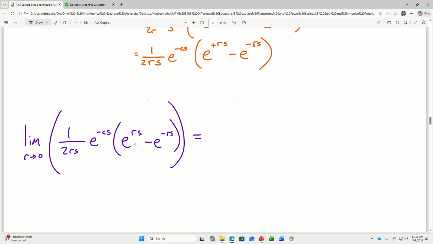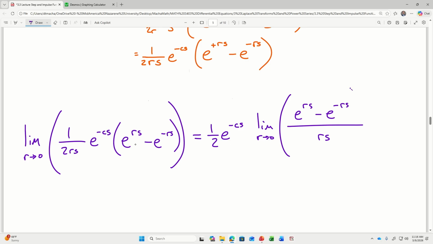Like I might write 1/2 e to the negative cs times the limit as r approaches 0 of e to the rs minus e to the negative rs divided by rs.